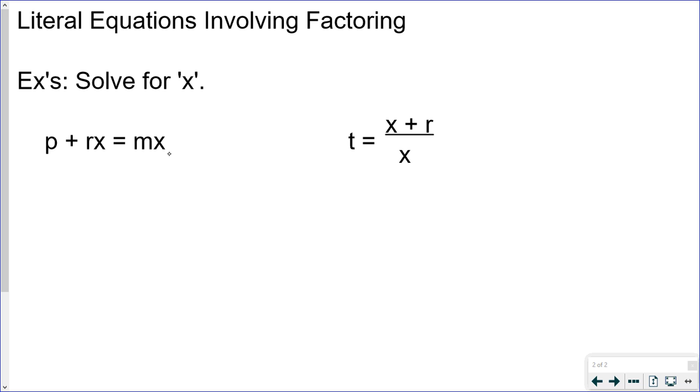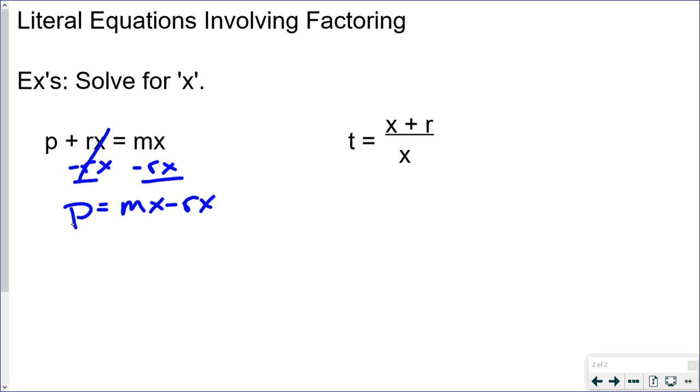So I'm going to move this rx over to the right side, and I'm going to do that by subtracting rx from both sides. So rx minus rx is 0. So what I have is p equals mx minus rx.